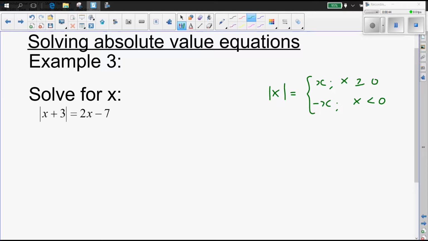The first step is to let x plus 3 be greater than or equal to 0. So if x plus 3 is greater than or equal to 0, that is, if x is greater than or equal to negative 3, then x plus 3 equals 2x minus 7.